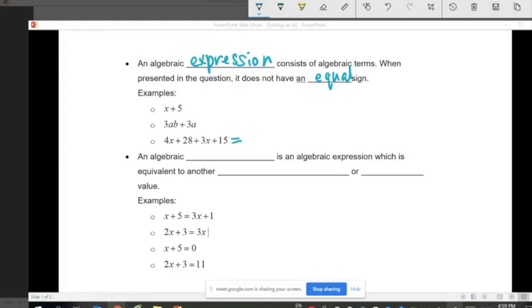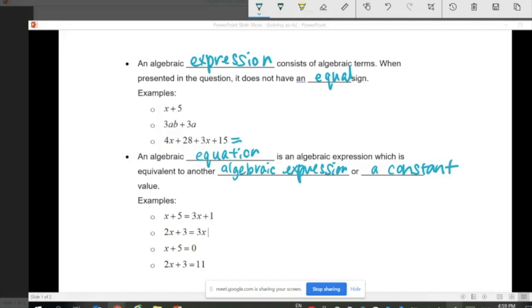However, an algebraic equation is an algebraic expression which is equivalent to another algebraic expression or a constant.